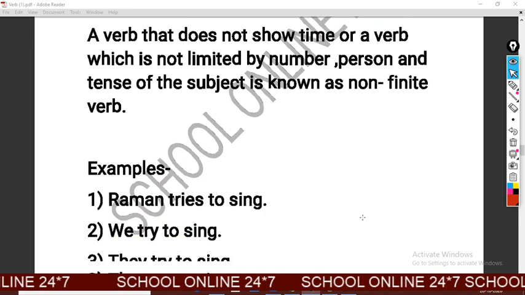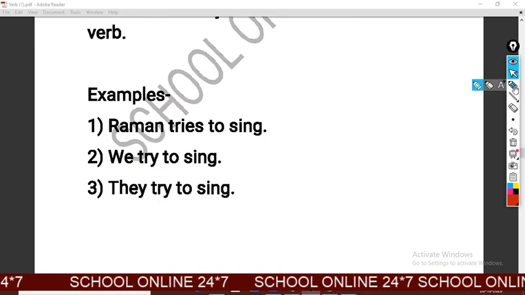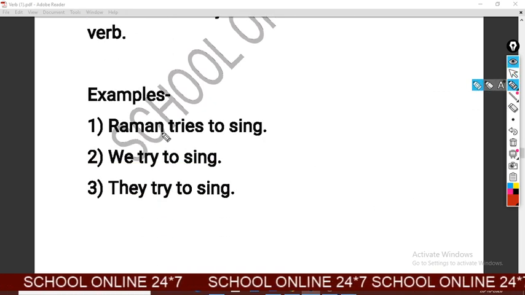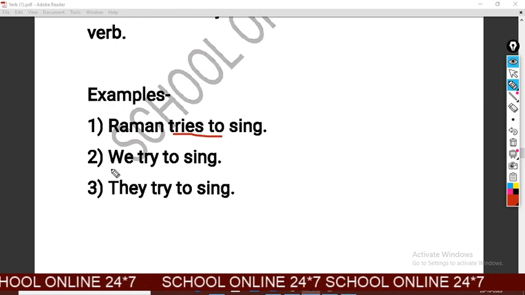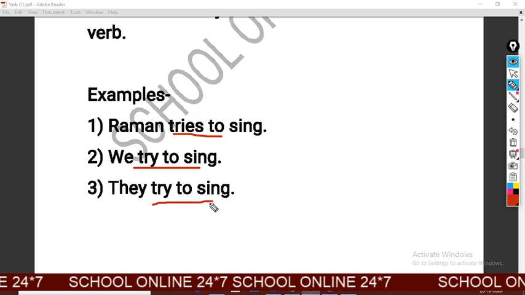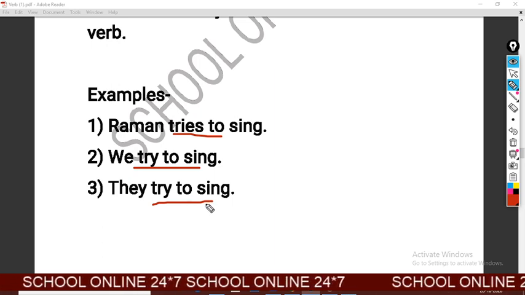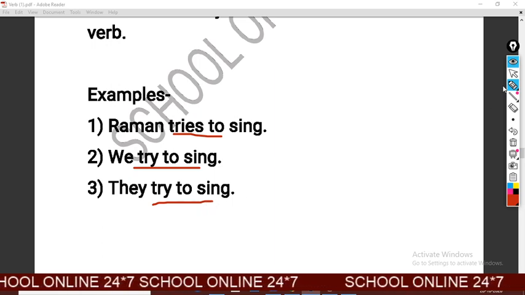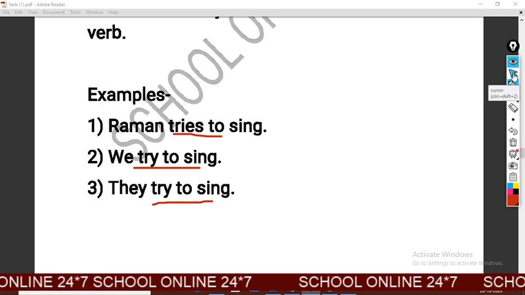Look at the examples. Raman tries to sing, we try to sing, they try to sing. There you can see there is no botheration of tenses and numbers also.